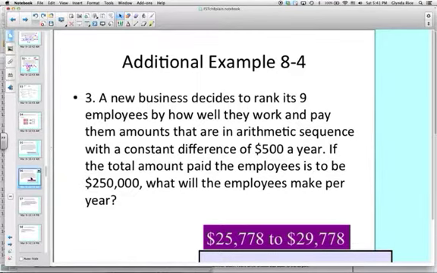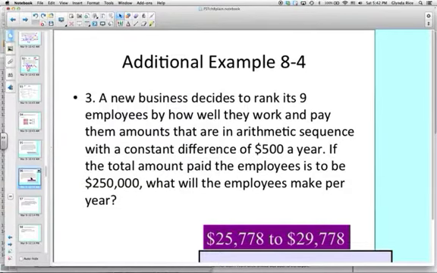The first formula on the left side of your formula card is the explicit formula for an arithmetic sequence. The following two formulas are the formulas for series: one if you have the first and last term, and the bottom one if you only have the first term, d, and n. You can also, of course, solve for d or n or the first term if you have the result, either the last term or the sum of the series.